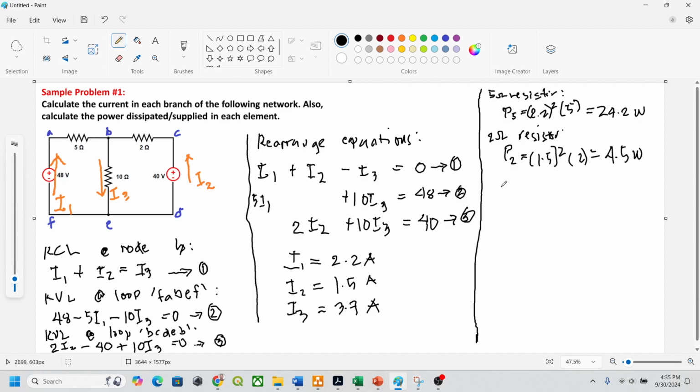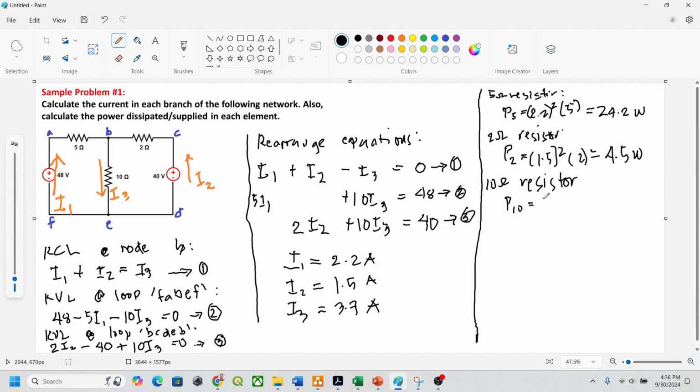And finally, for your 10 ohm resistor, we call it P10. That's the square of the current flowing through the 10 ohm resistor times its resistance. So this is basic Ohm's law.